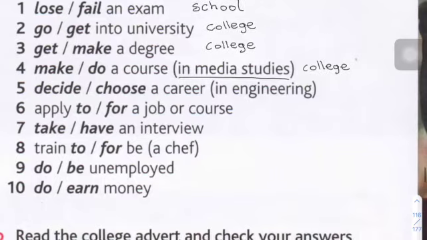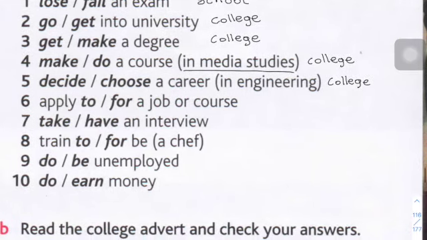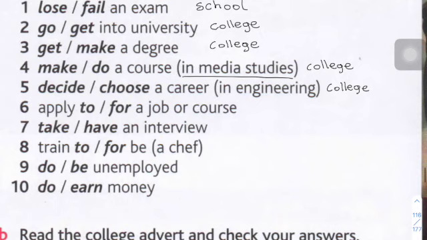Choose a career. College. Good. Apply for a job or apply for a course. Okay, if you're applying for a job, it implies work. And if you're applying for a course, it implies college.